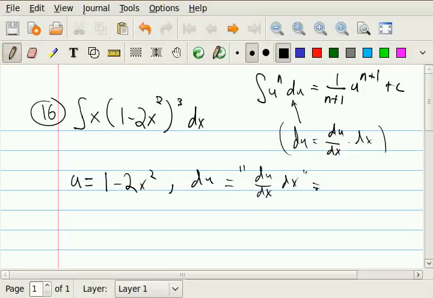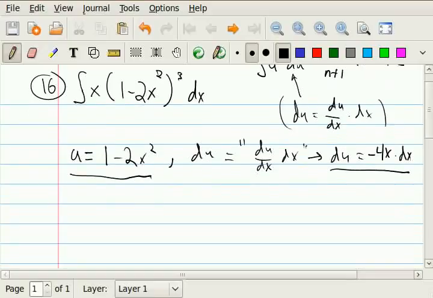So du is going to be the derivative of u with respect to x. The derivative of this function is just going to be negative 4x, times dx. So you're allowed to choose one thing, you're allowed to choose u. du is going to be determined by that choice.